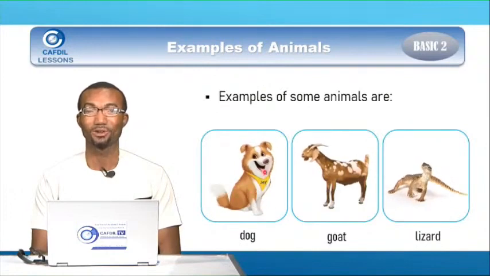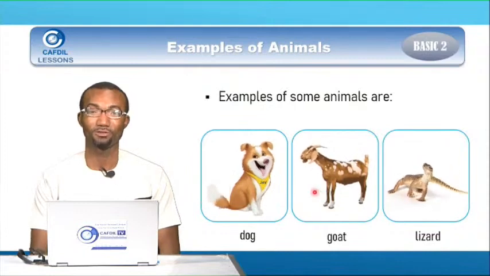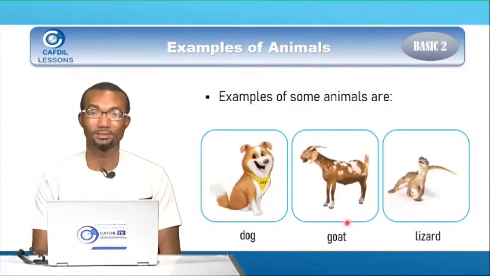You have a nice dog here. We have goat here, and then we have lizard. Dog, goat, and lizard are all examples of animals.